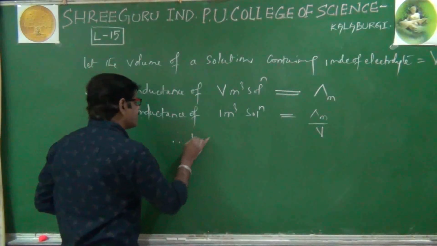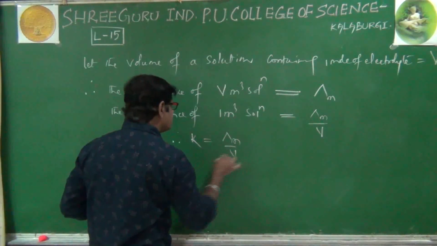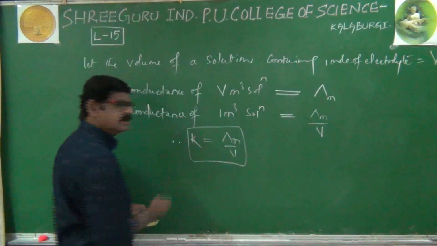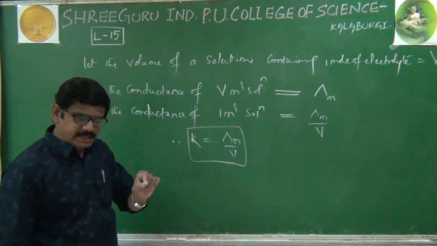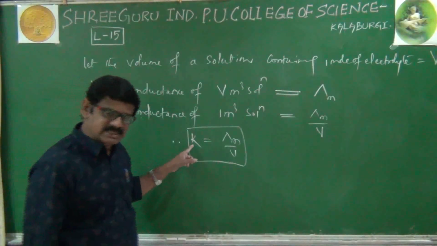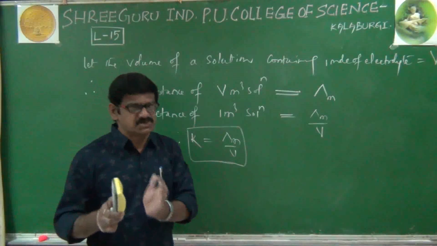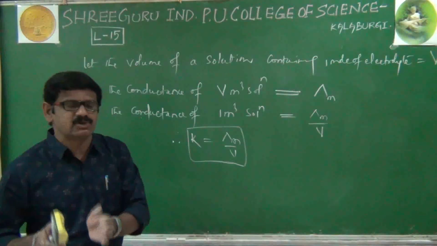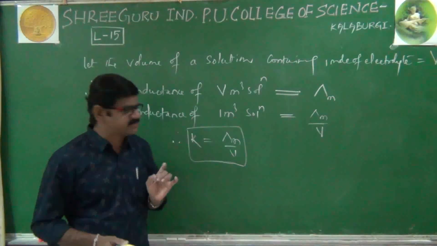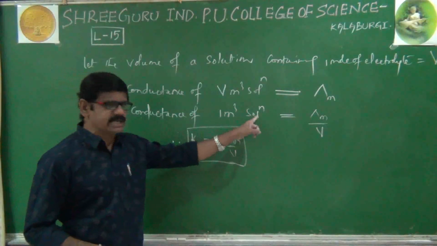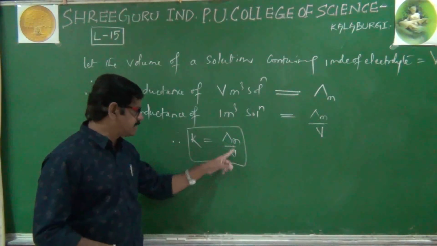Why have we replaced it with K? Because the definition of K is the conductance of 1 meter cube volume of solution, called conductivity or specific conductance. Therefore K is equal to lambda m by V.